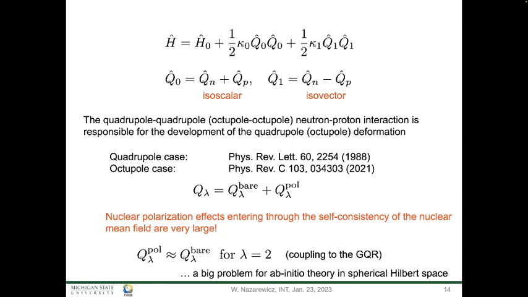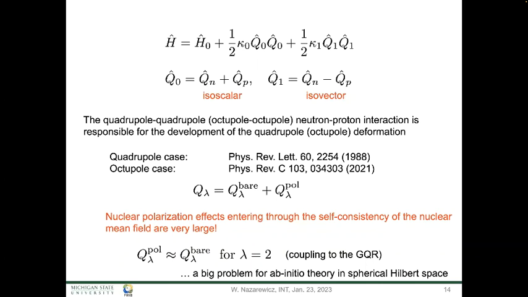This kind of interaction can tell you a lot about nuclear deformations. And I advertise those two papers, the one on quadrupole deformations and one on octupole deformations. This Hamiltonian H can predict both low-lying quadrupole modes, low-lying quadrupole vibrations, but also giant resonances, those modes which correspond to giant vibrations of the nuclear surface.